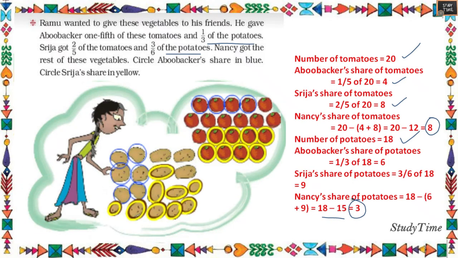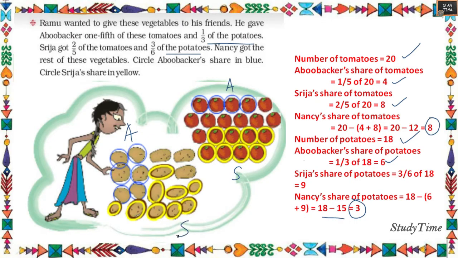So this is how you should circle. 4 for Abu Bakr's part in blue. Here's Srija's part. Remaining one is for Nancy. Here Abu Bakr's part 4. Abu Bakr's part is 6 here. So 6 here. And potatoes Srija's part is 9.